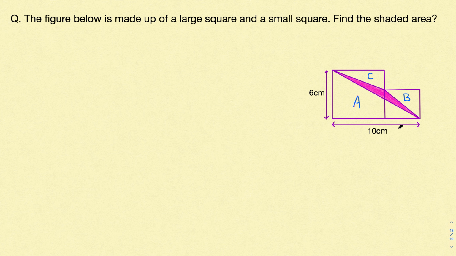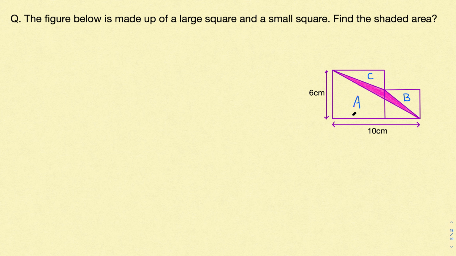But before that, we have to find the length of some of the parts of the figure, because in order to find the area of a triangle, we need its base and height. So let's start finding it. The length of the big square is 6 cm.